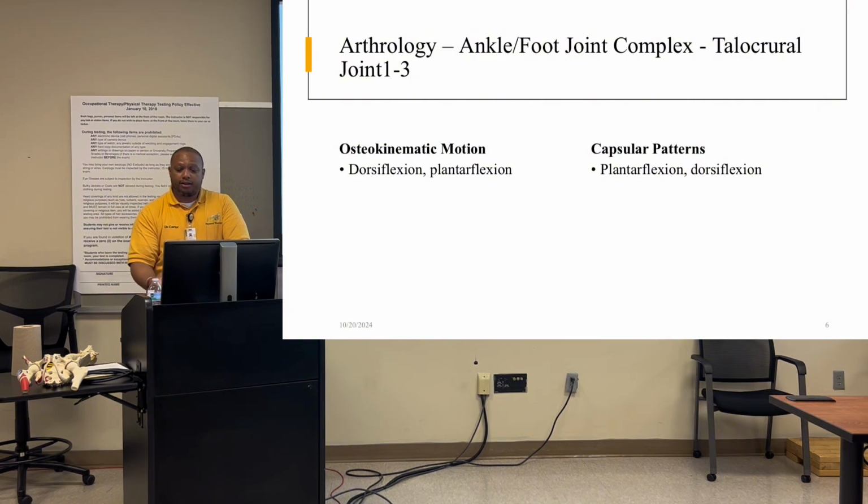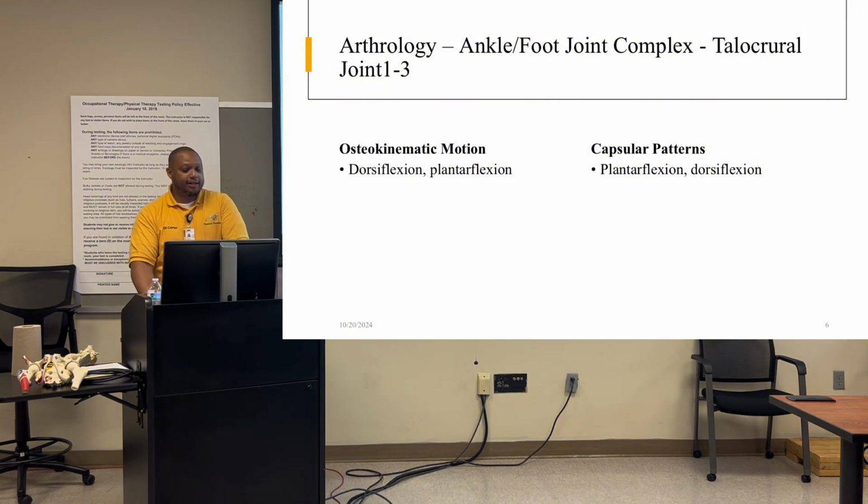Your capsular pattern is plantar flexion is more limited than dorsiflexion. So this is similar to your knee capsular pattern, where you have a greater limitation of knee flexion than extension. Why is that? You have more range of motion with knee flexion. So since you have more range of motion with knee flexion than with knee extension, your capsular pattern of restriction, knee flexion, is going to be more restricted because you typically can achieve more range of motion with knee flexion.